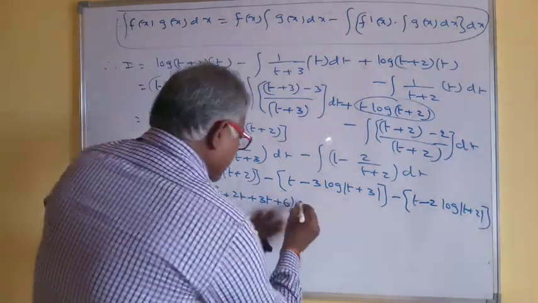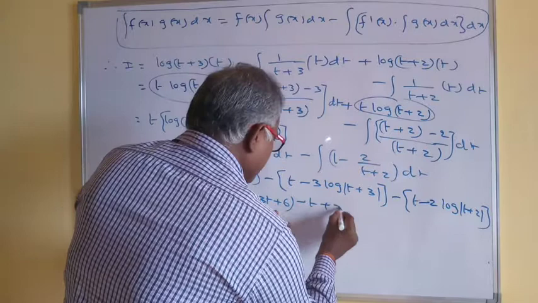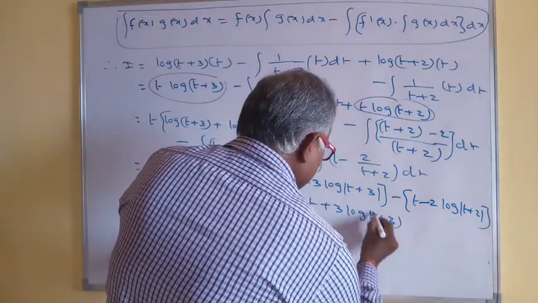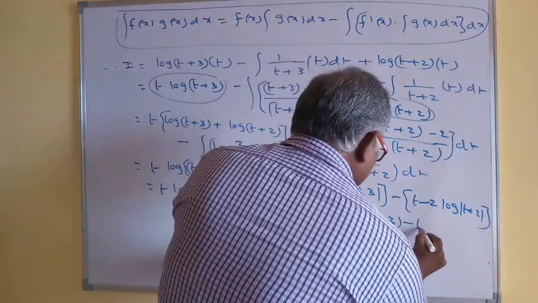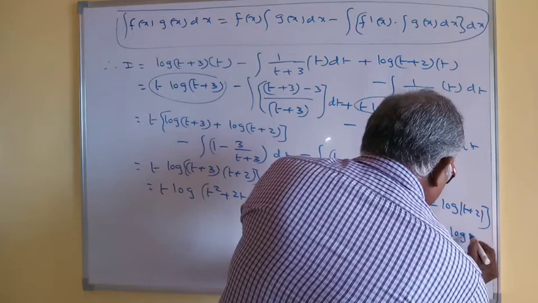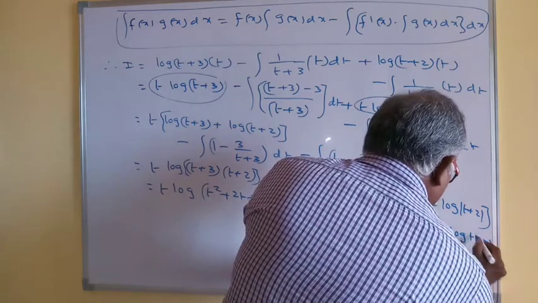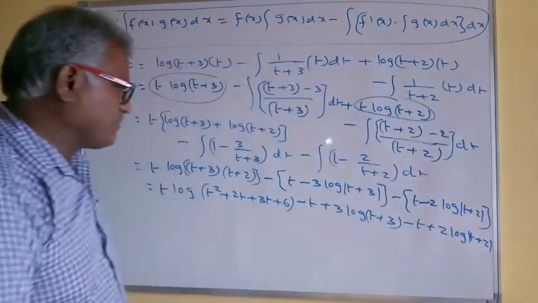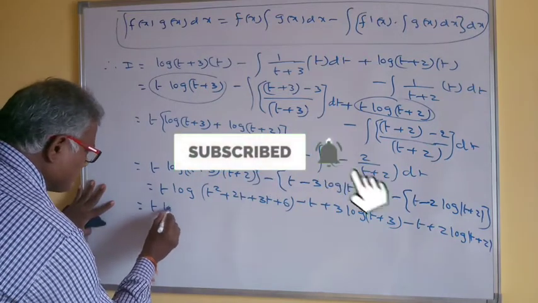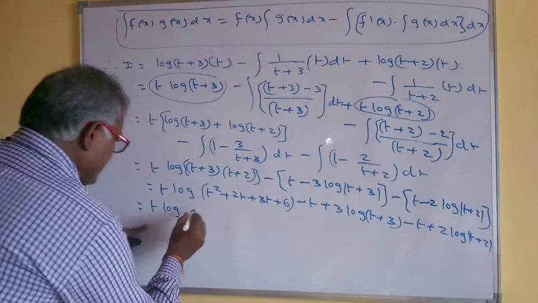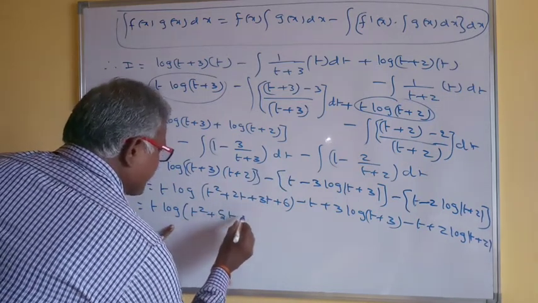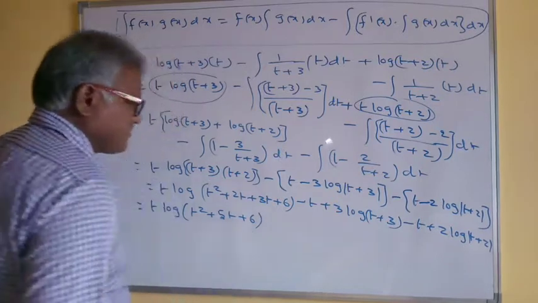Here minus t plus 3 into log of t plus 3. Here minus t plus 2 into log of t plus 2. Okay. So t into log of t square plus 5t plus 6.